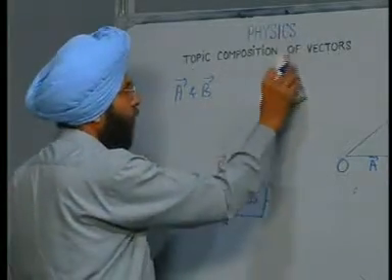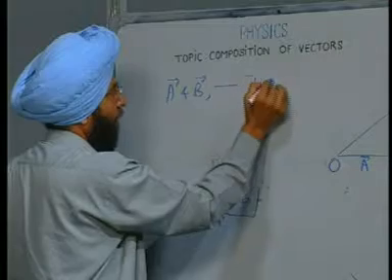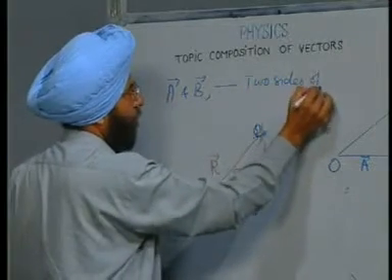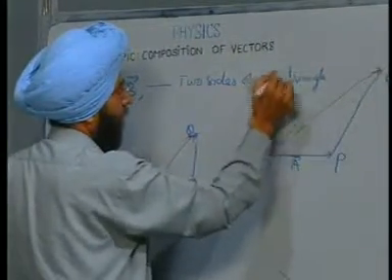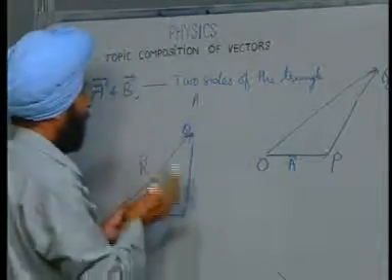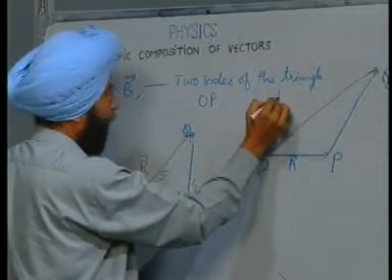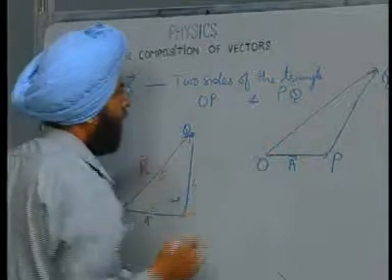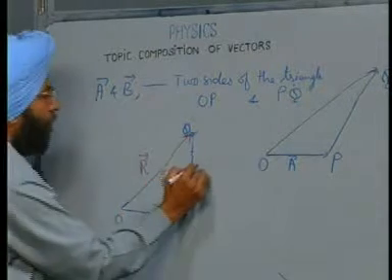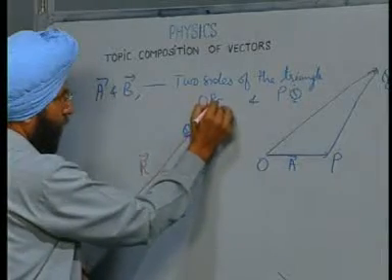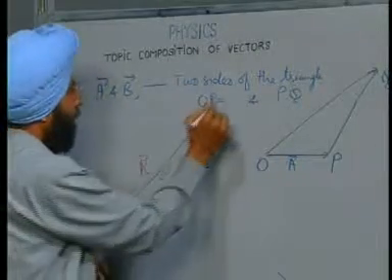If we have a triangle, two sides of the triangle OP and PQ, these two sides, if they are able to represent the vectors A and B, OP represents A vector.